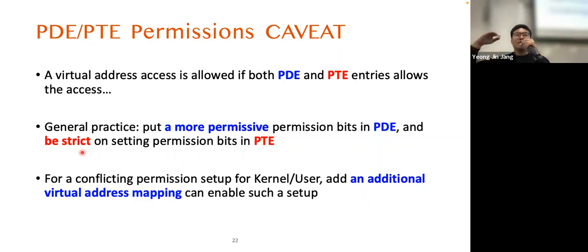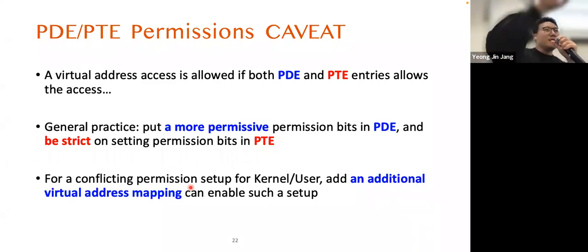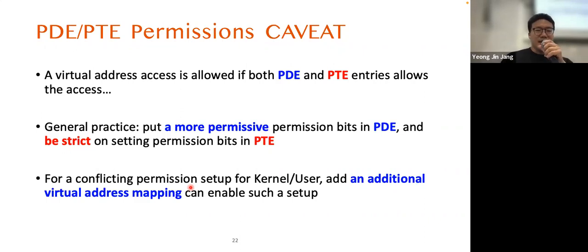Because if you set a restricted permission on the page directory entry, then all the underlying page table entries will be affected by it, and there could be a conflict between the kernel and user permissions. With those three flags, we cannot make some of the permission arrangements. In that case, we can have multiple virtual addresses to separate out those kinds of permission setups.